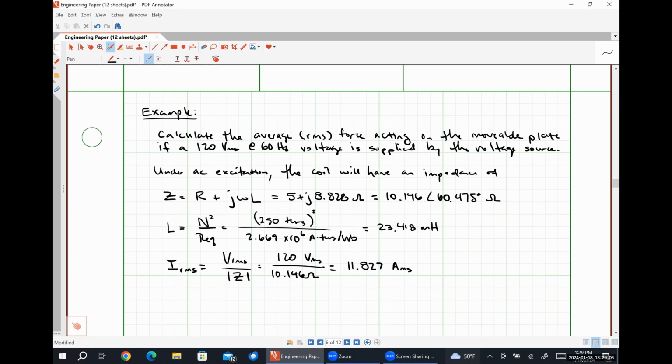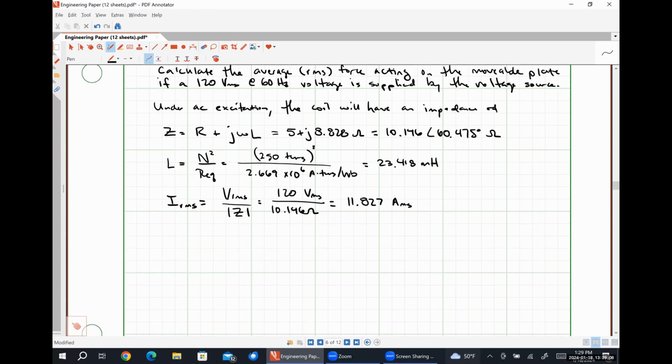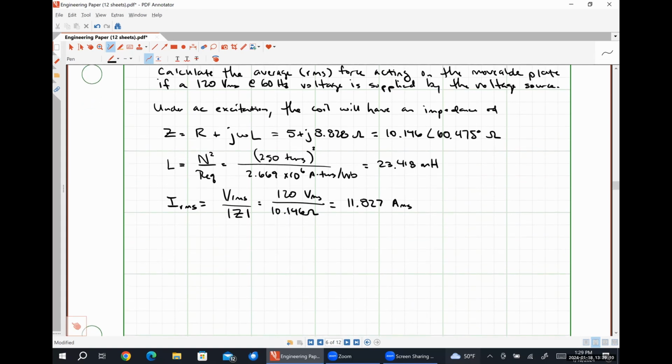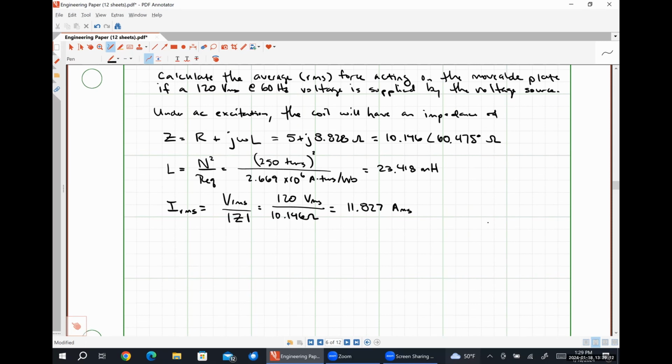So using Ohm's law for magnetic circuits, we could find that the RMS value of our magnetic flux density is going to be N times our RMS current divided by our core area times our equivalent reluctance.